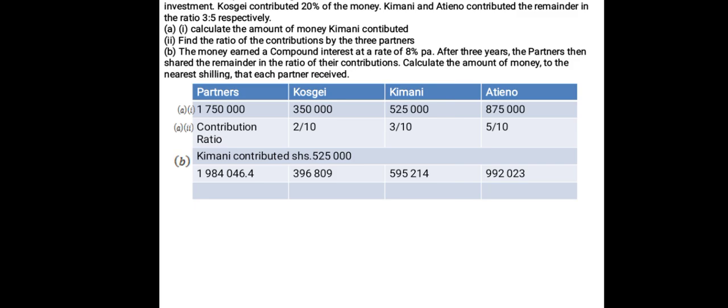Now, the money that they shared after it gained compound interest is 1.9 million. Kosgei got 396,809. Kimani got 595,214, and Atieno got 992,023.